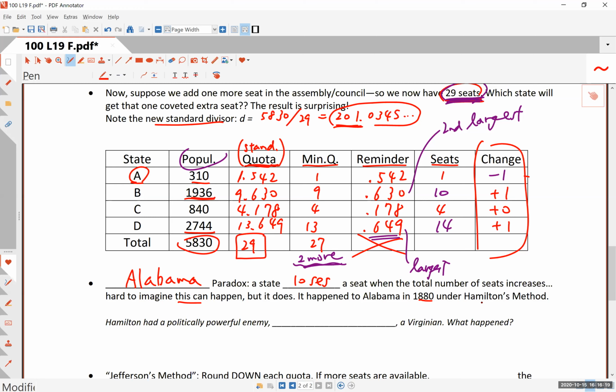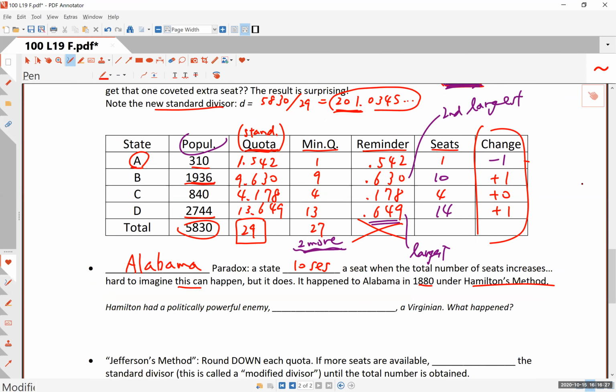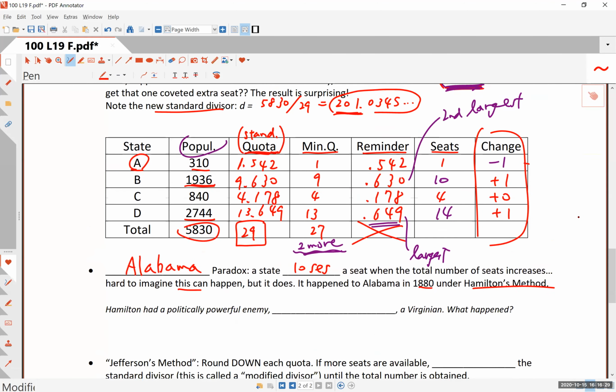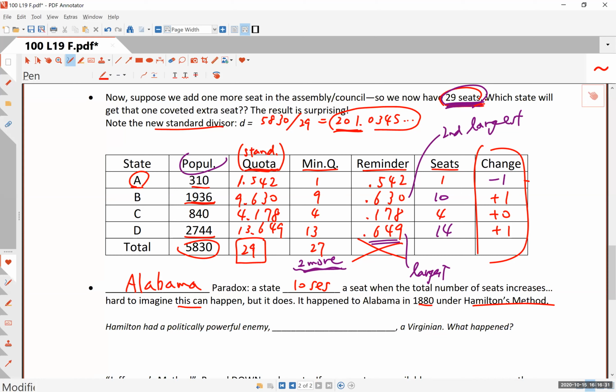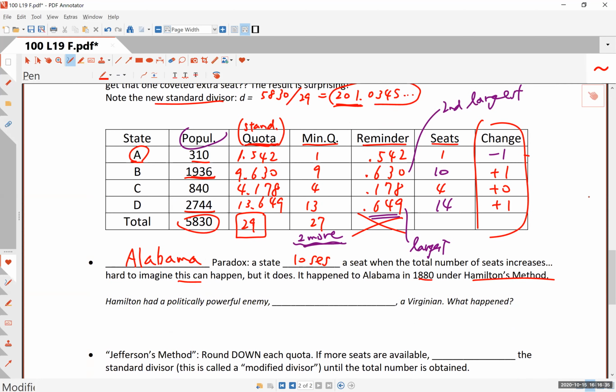So this actually pinpointed a problem with Hamilton's method. Hamilton's method wasn't as clever or good as it possibly could be, because certainly an increase in the total number of seats should not cause a state to lose a seat. Everybody should get at least the same number of seats as before, if not more.